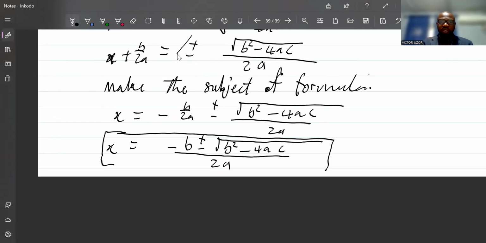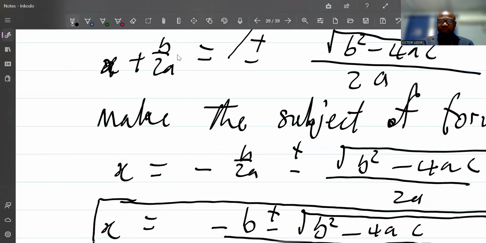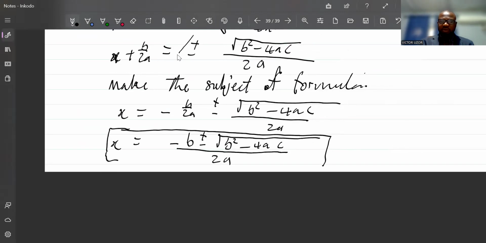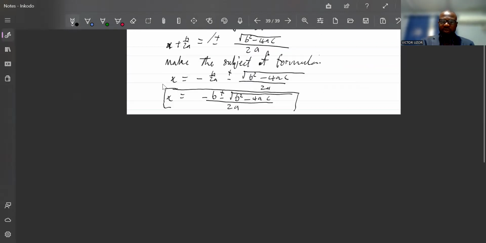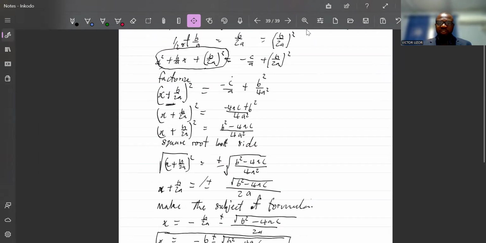If I'm able to reduce it, you're able to see everything that we did now. So this is how to derive the quadratic formula.